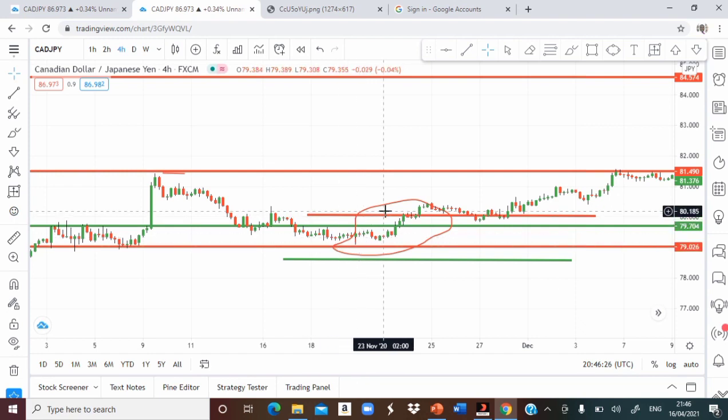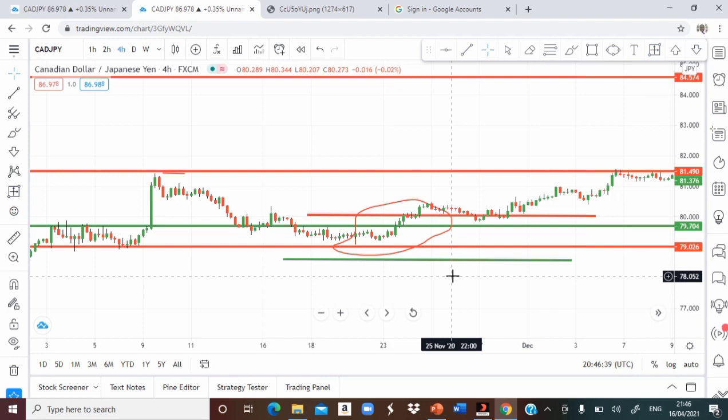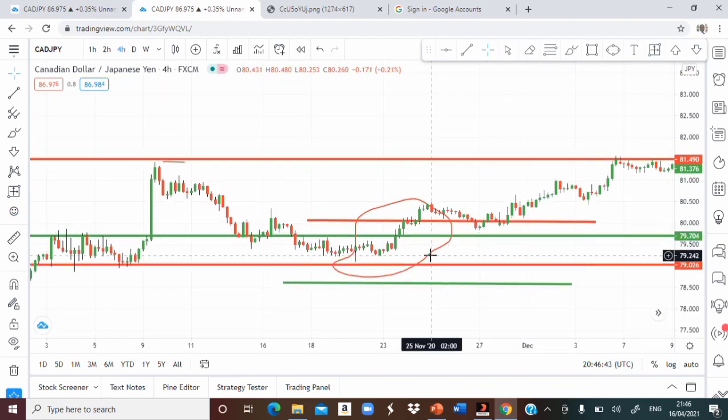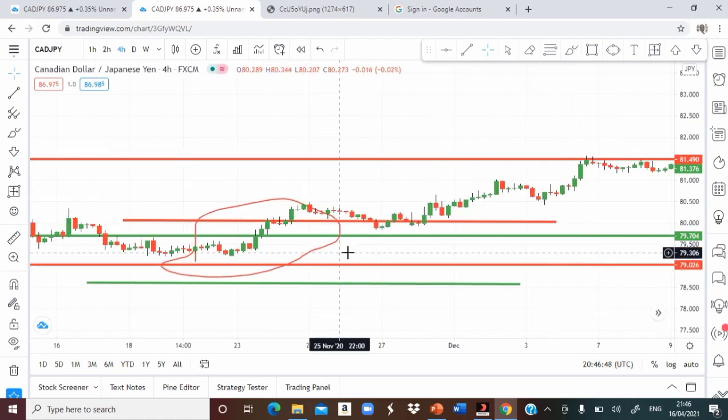Now look at your entry point. Your entry point was here, and look at the measurement of the pips down here. It's about 90 something pips. So if you were using a smaller time frame to do your entry, let me look at the better one to enter.